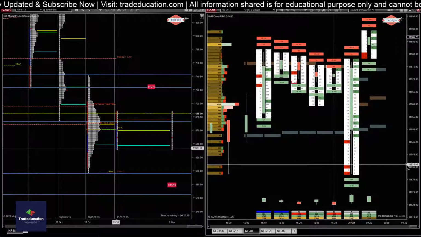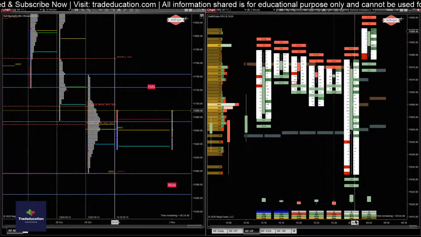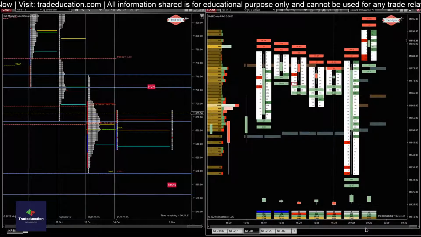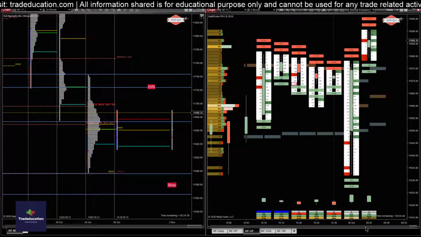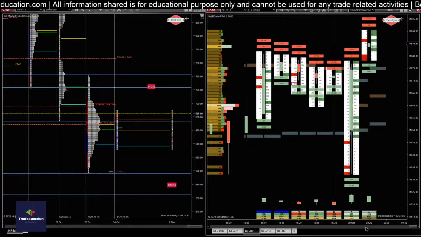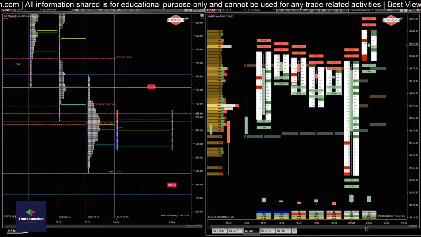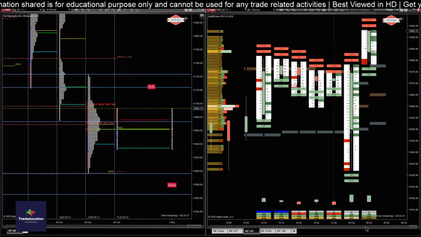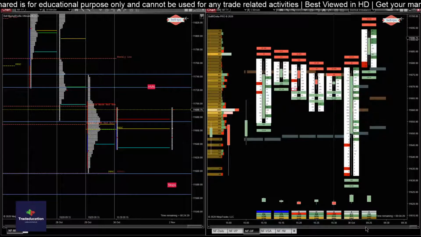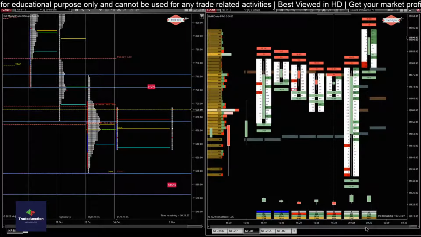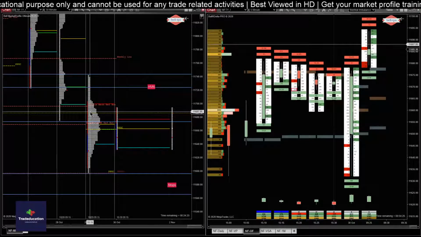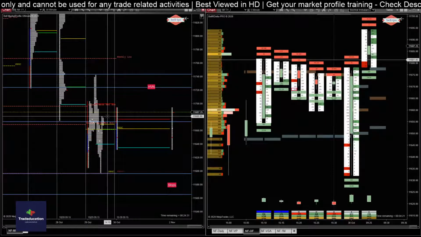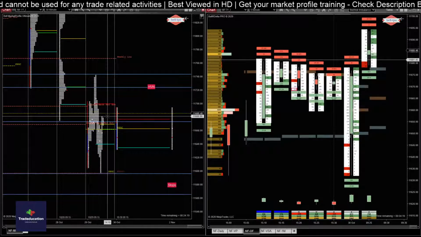So buyers are again stepping in. 5,900 contracts traded in the first 5-minute candle. Now we need to observe whether there is continuation or not. This is one more reference level, 680.